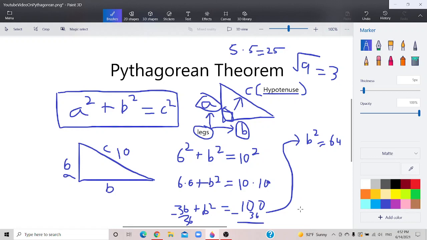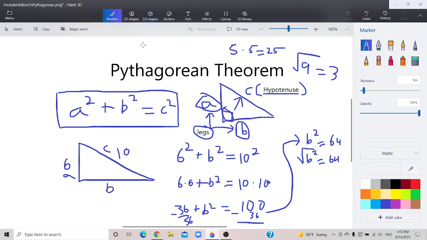I encourage you to pause the video here and try finding the square root for B squared. Okay, so now let's try finding the square root of 64. We know that 5 times 5 is 25, so we want a little more than that.